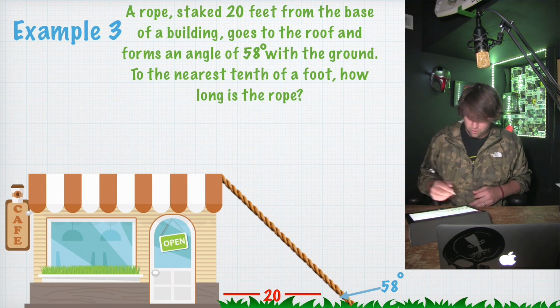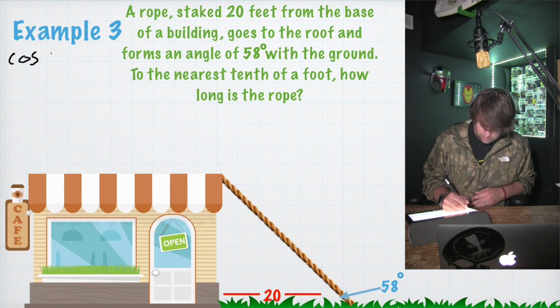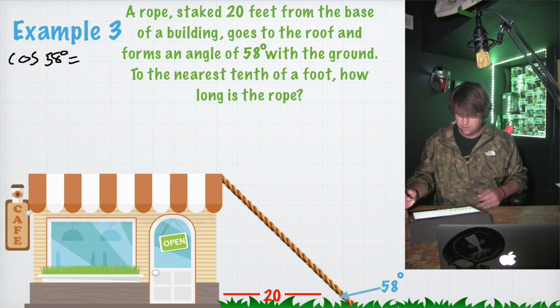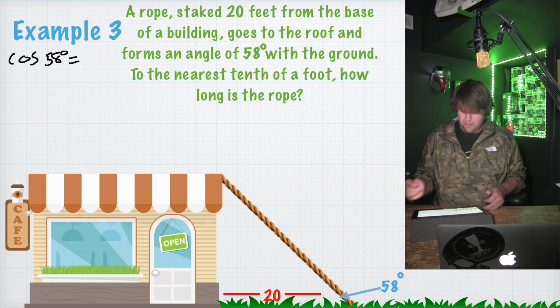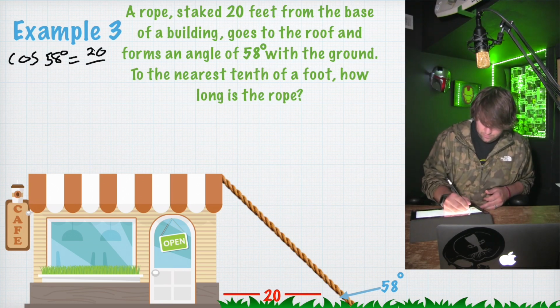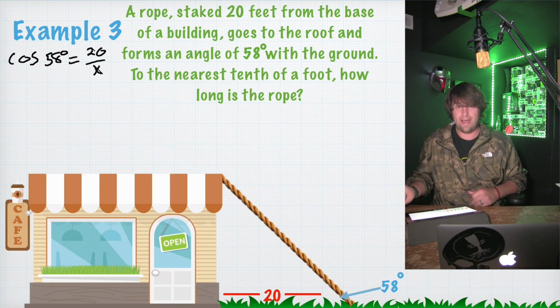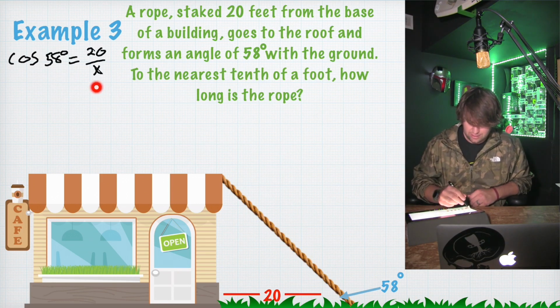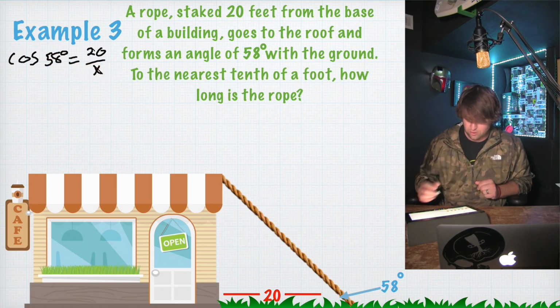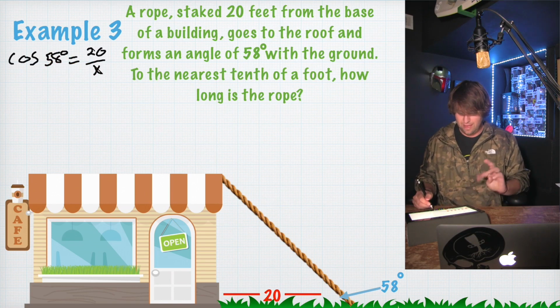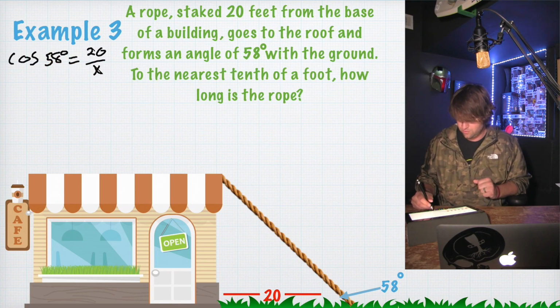So cosine 58 degrees equals adjacent, which is 20, over the hypotenuse, which we're trying to solve. We'll call it x. Just like the last lesson, we're able to switch these. When you have x in the denominator, you can just flip them.